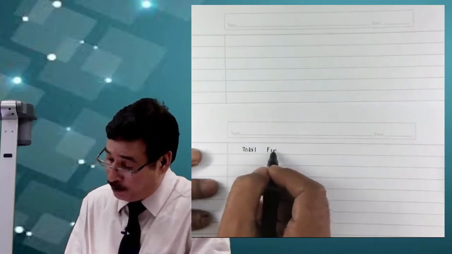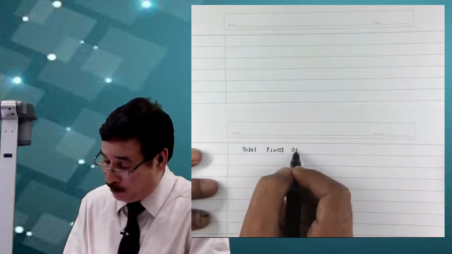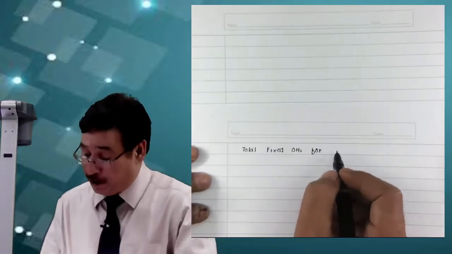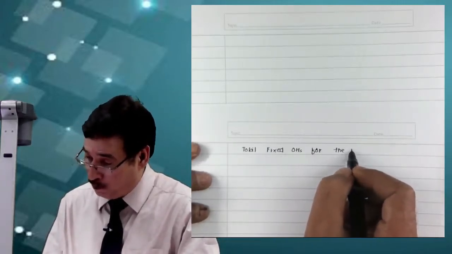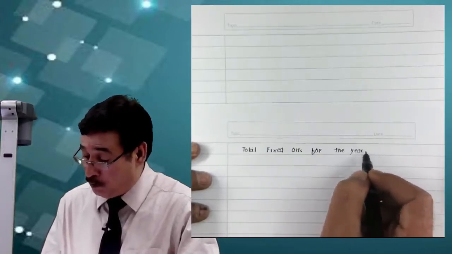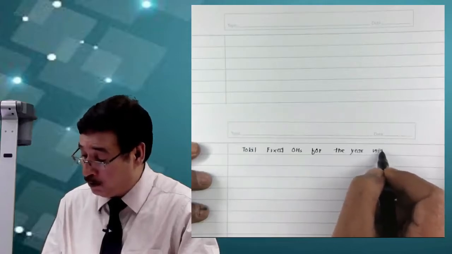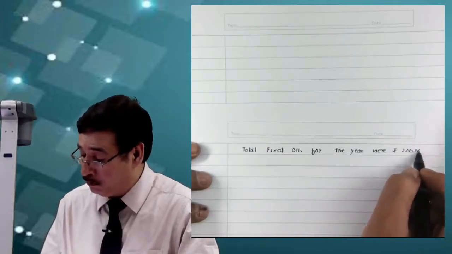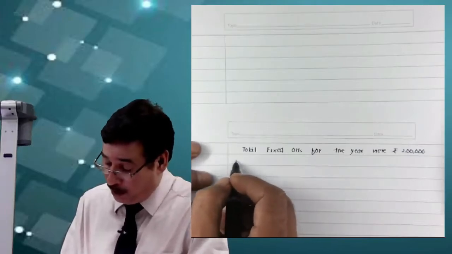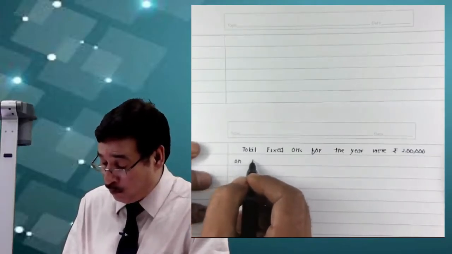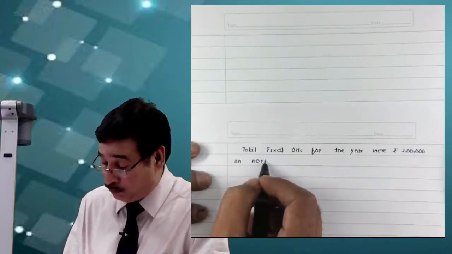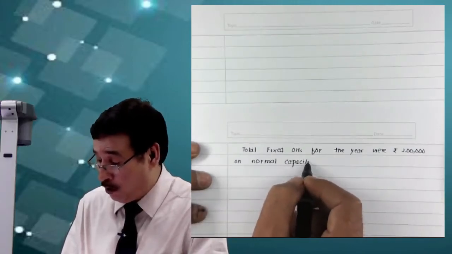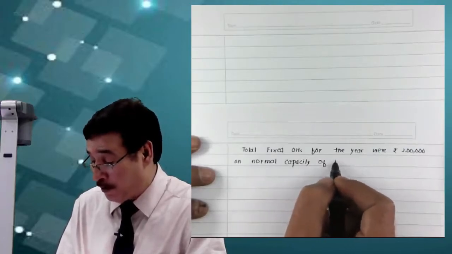Total fixed overheads for the year were rupees 2 lakhs on normal capacity of 20,000 units.